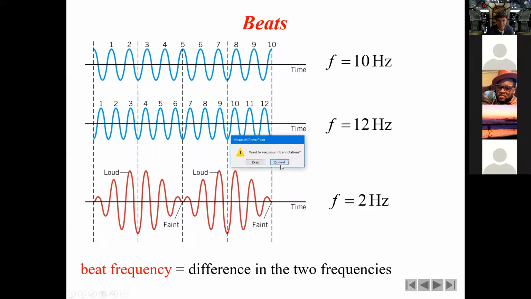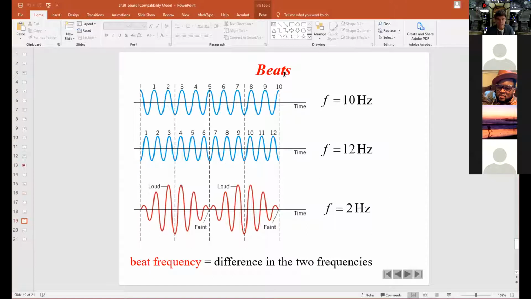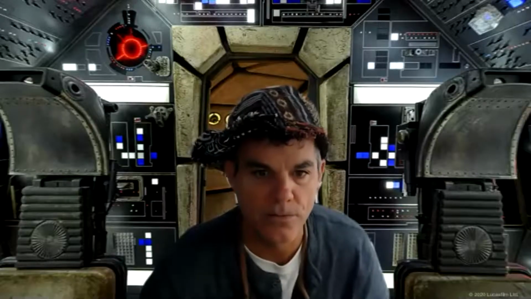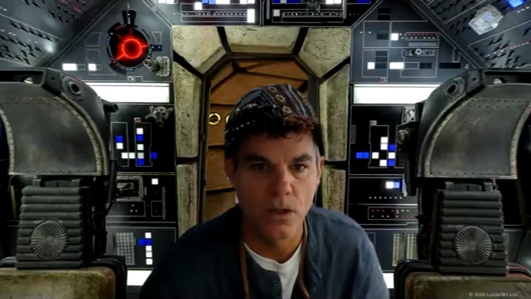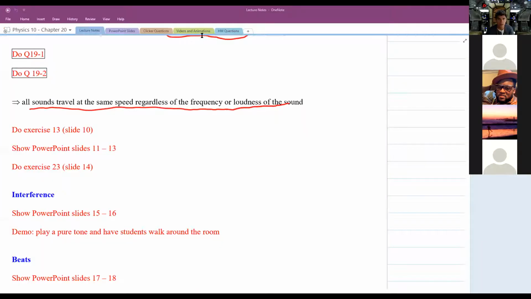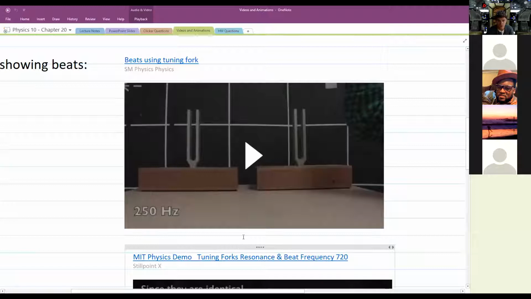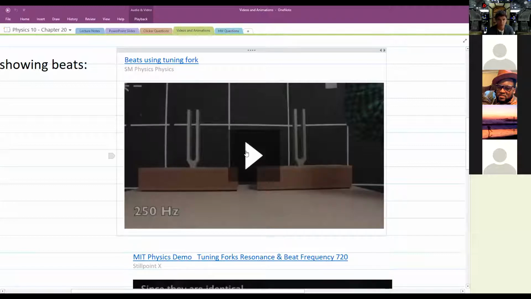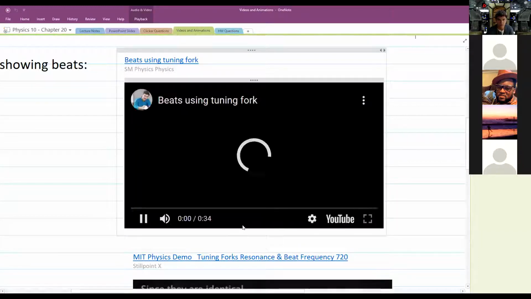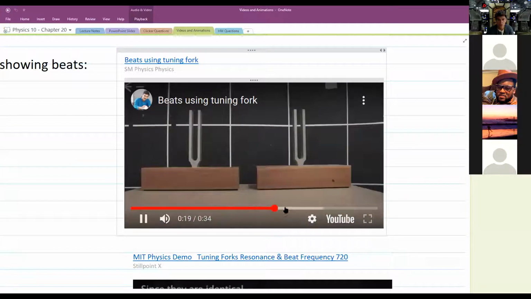So this particular one would have been a 12 hertz frequency. Let's do this again. So that wah, wah, wah.